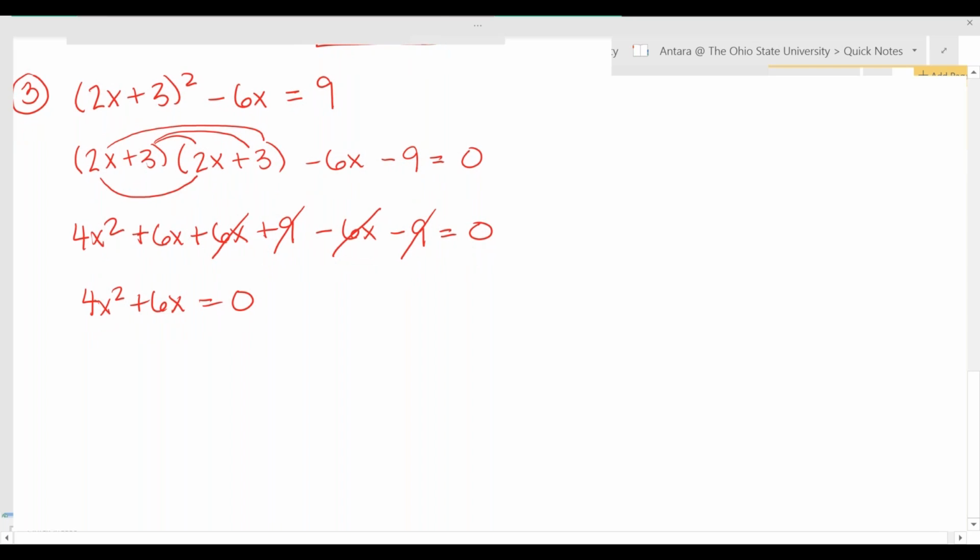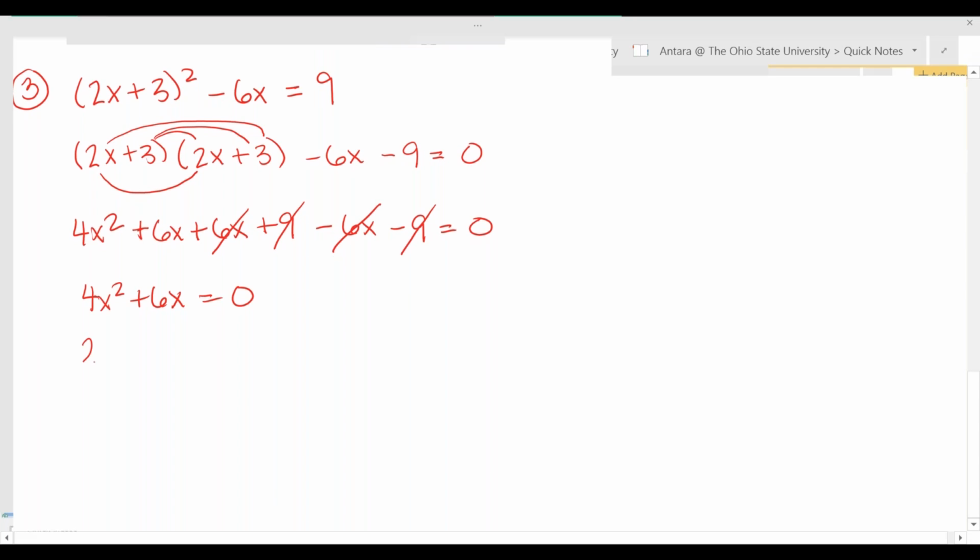So in this case, I can see that x is a common factor in here, but also 2 is. So we can bring out 2x. If we bring out 2x, 4x squared divided by 2x is 2x. And then 6x divided by 2x is plus 3.